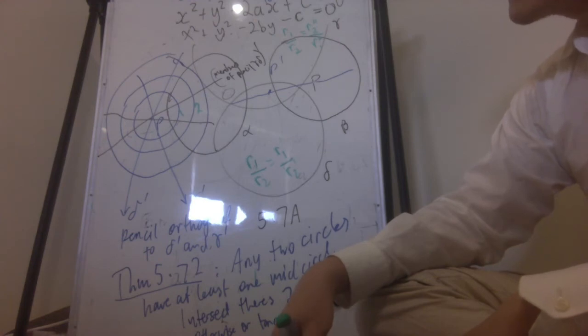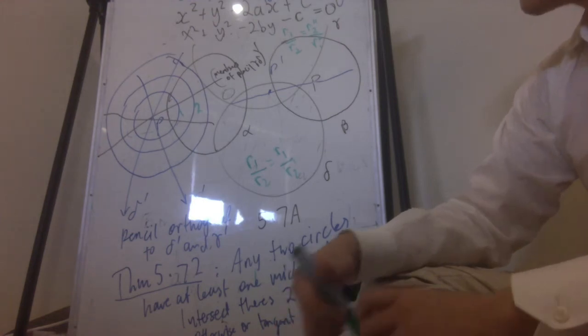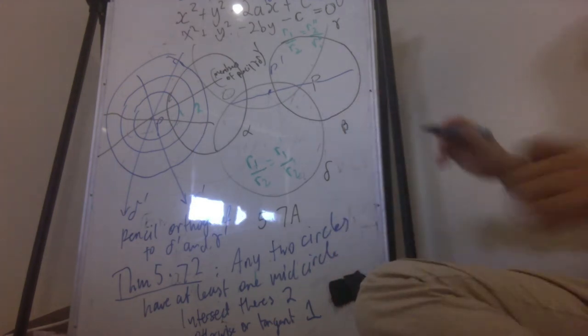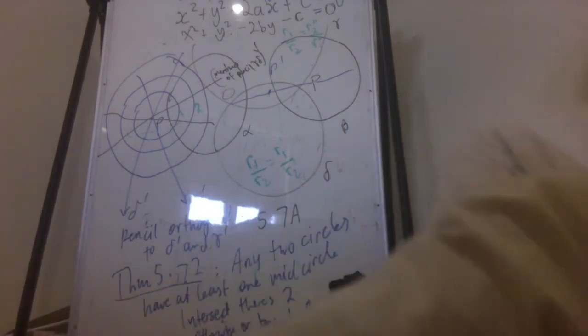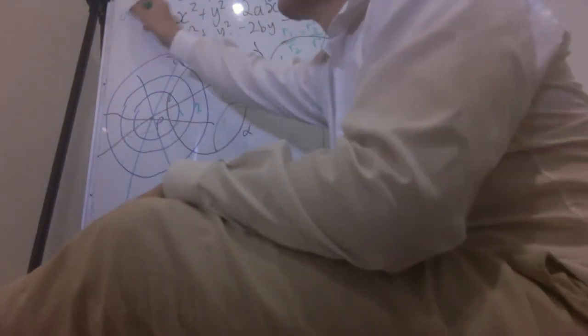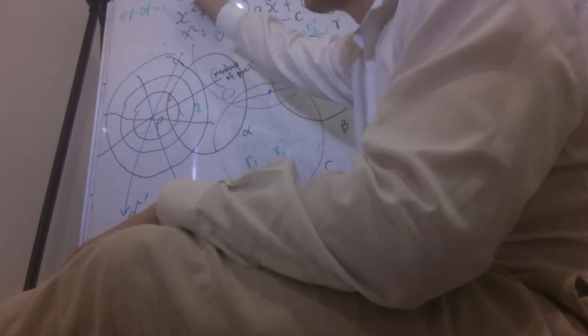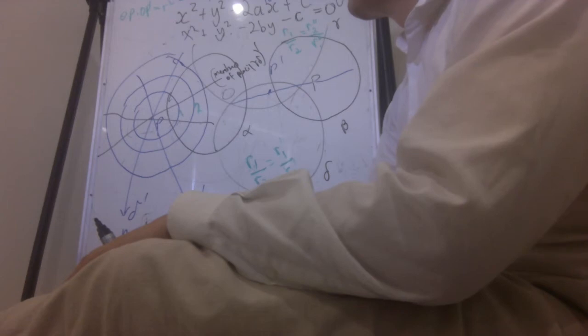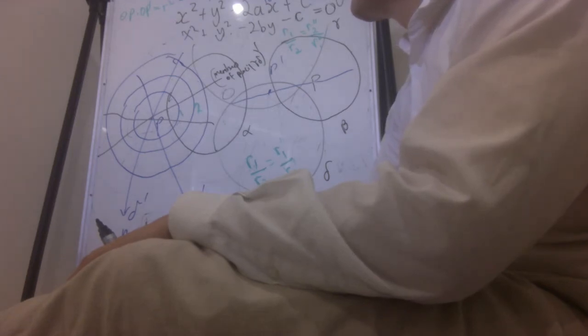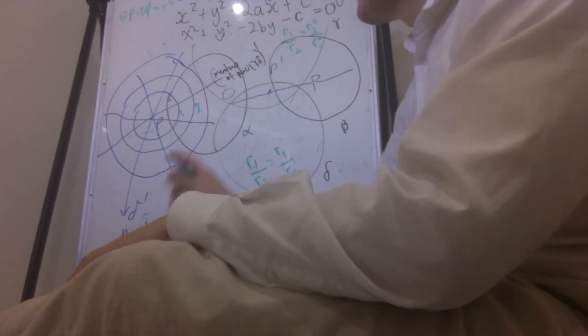So OP times OP prime is equal to R squared. Change that to something else from the square. And then what do we have?